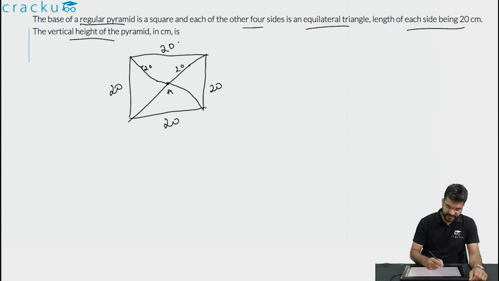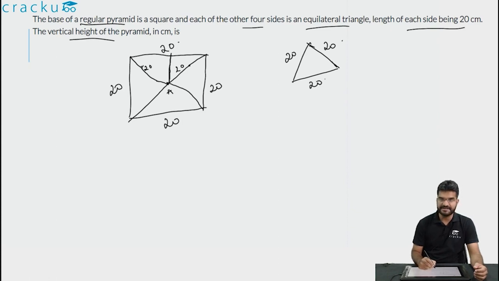So what we will first do is, for each of the equilateral sides, we will find out the length of the median. If you are looking only at one of the equilateral triangular sides of the pyramid, we know that it is an equilateral triangle of side 20 centimeters.